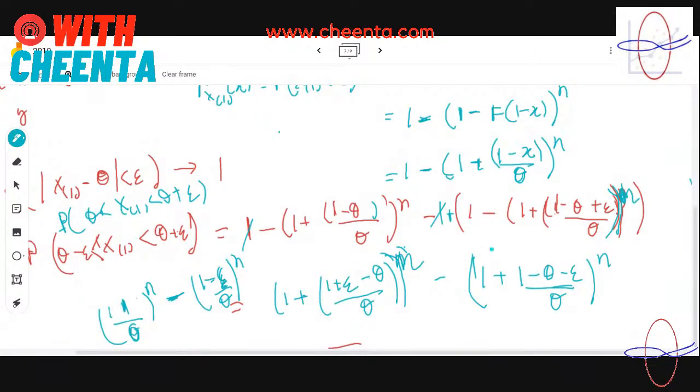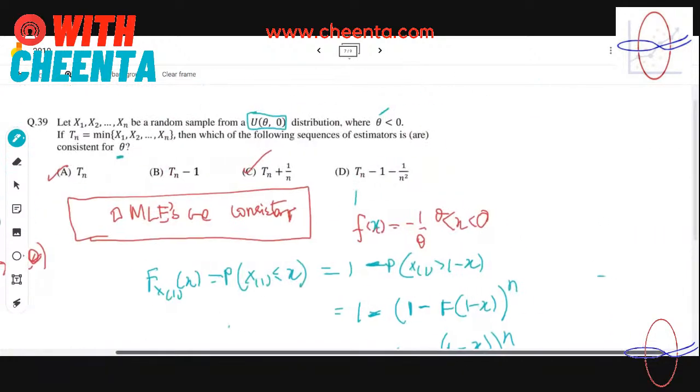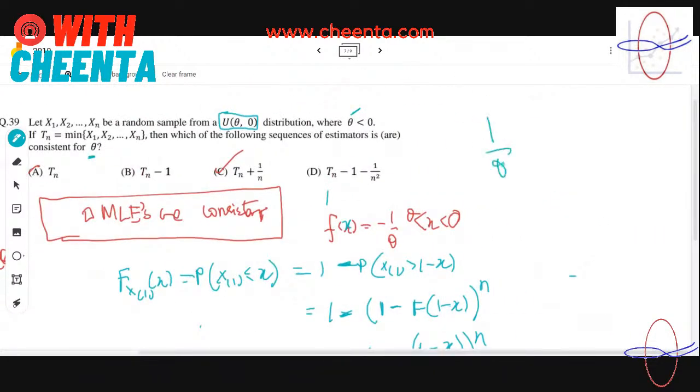If theta is fixed, okay, perfect. This is the analysis part you want to take in over here, okay? It's 1 by theta whole to the power n, or rather wait, 1 minus epsilon whole to the power n by theta to the power n.